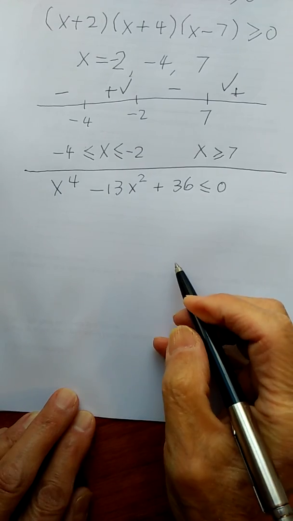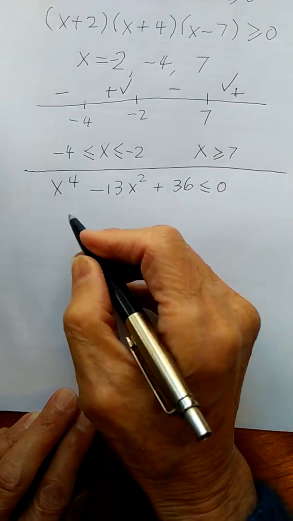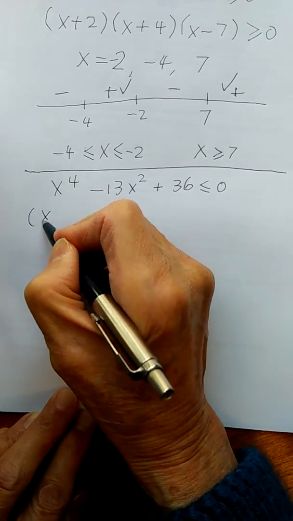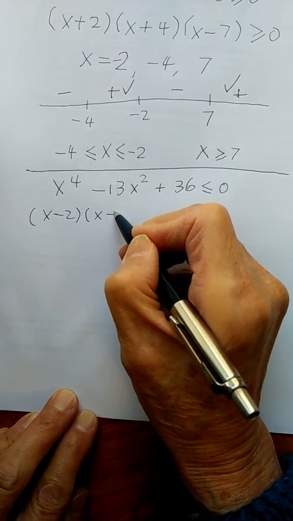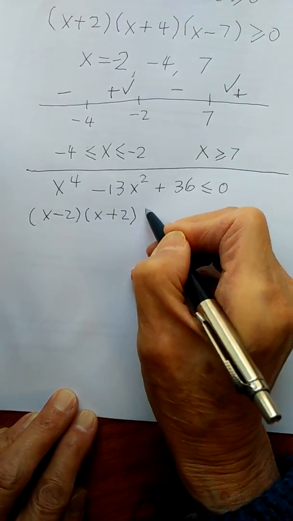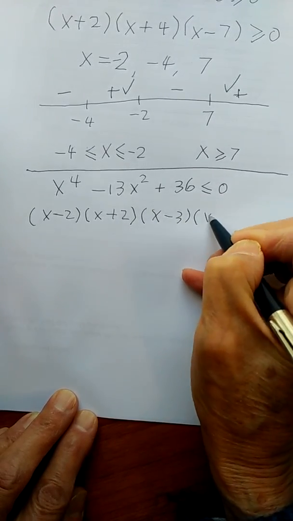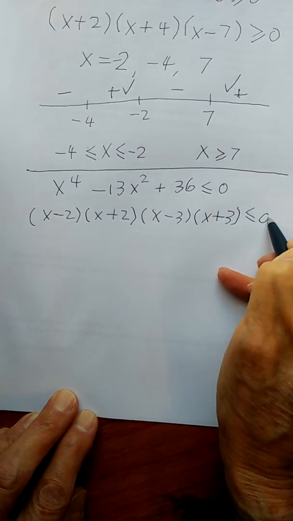Again, I'm going to factor the left-hand side, and I'm not going to give you the details of it. So the result is (x - 2)(x + 2)(x - 3)(x + 3) less than or equal to 0.